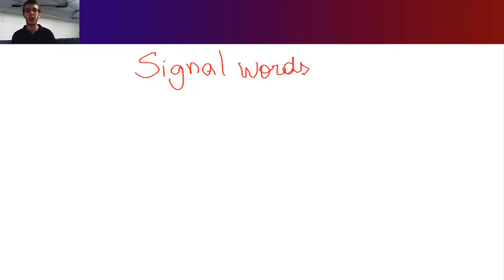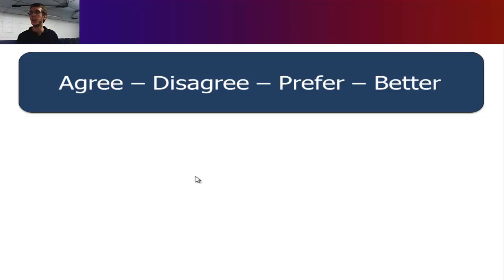Signal words are words that you will see and you will be able to interpret the signs that they give you. Usually these words will not necessarily be at the beginning of the question, but they will be present in the question. For example, the words agree, disagree, prefer, or better are usually connected with defense essays.